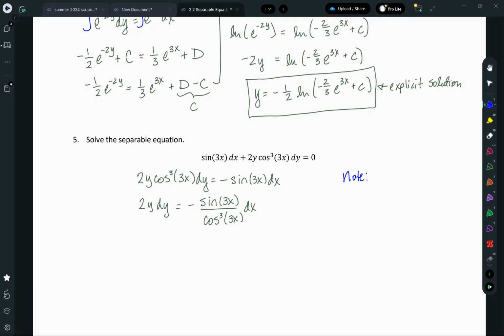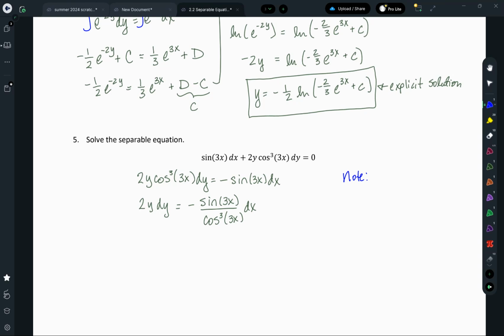There are two ways to handle this problem on the right-hand side. I could use a u substitution and let u be the cosine of 3x, and then du would be negative 3 sine of 3x, and we could work through that as a u substitution.